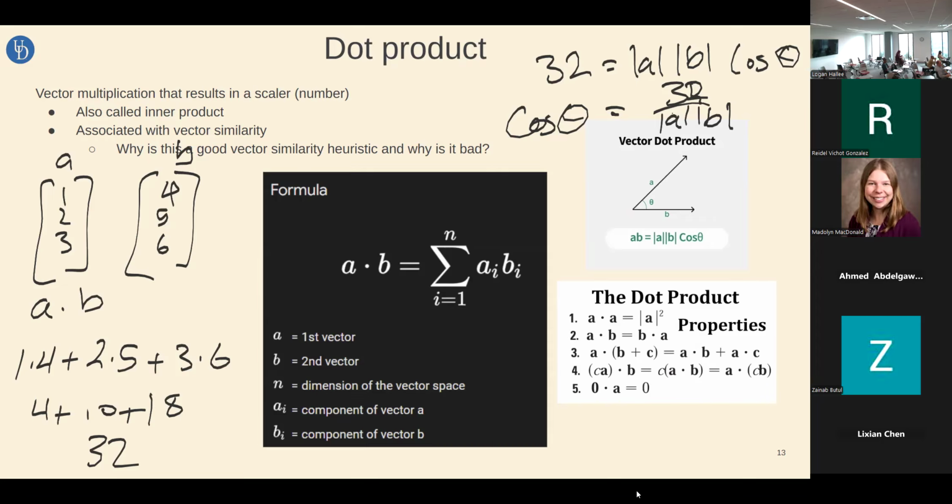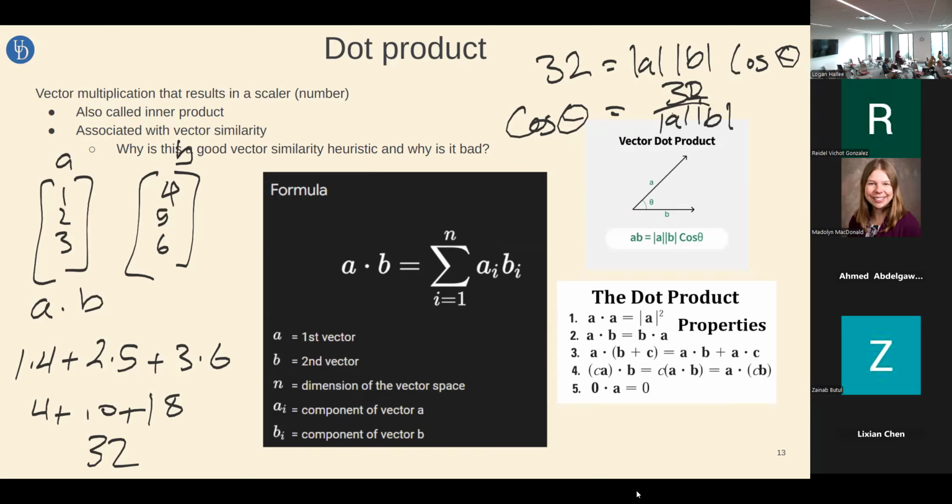And because you can always have that and the dot product, if you have two vectors, you always have enough information to figure out the angle between them, or at least more directly the cosine of the angle between them. So this is a very important vector heuristic. And in some way, dot product in itself is a really good vector heuristic because it has all that baked in.